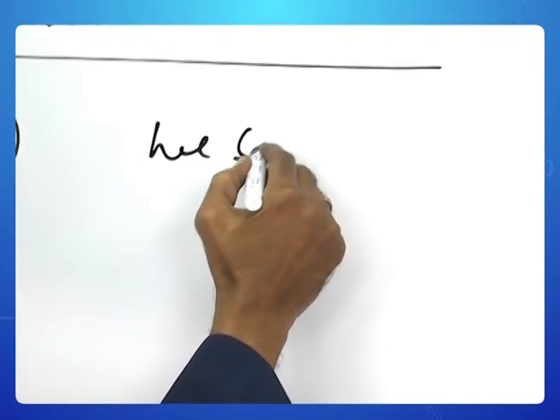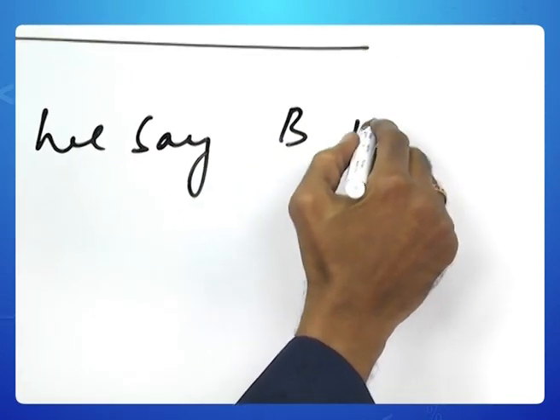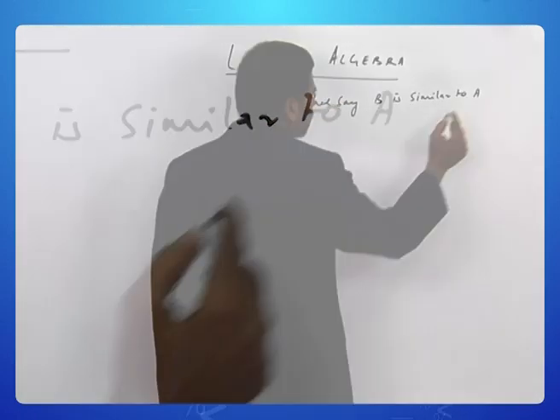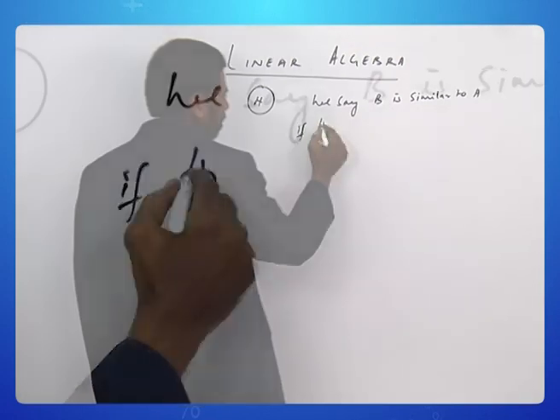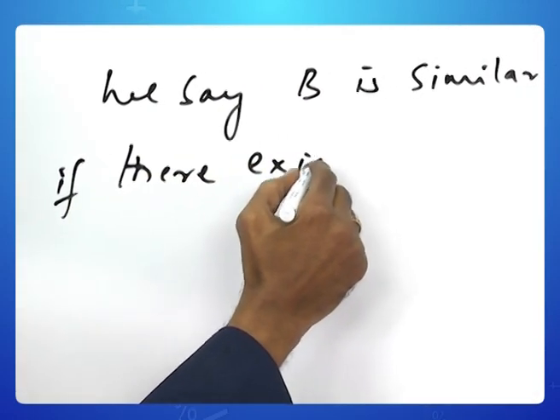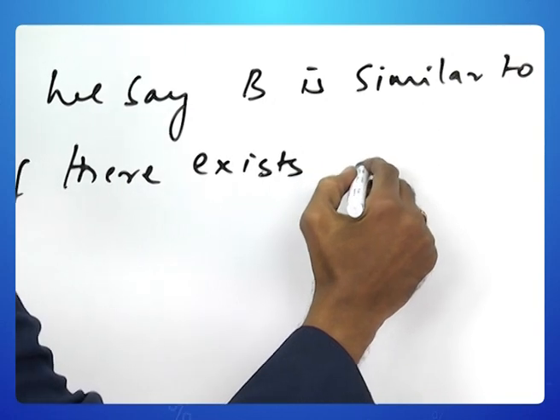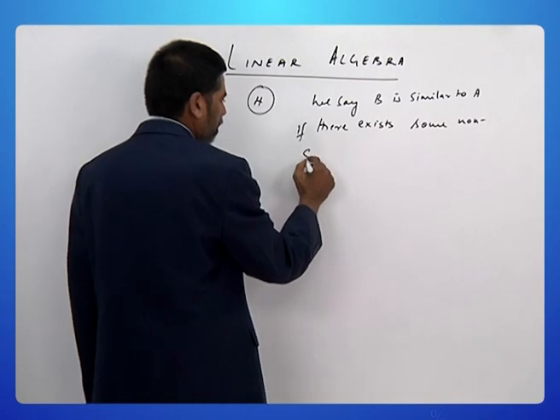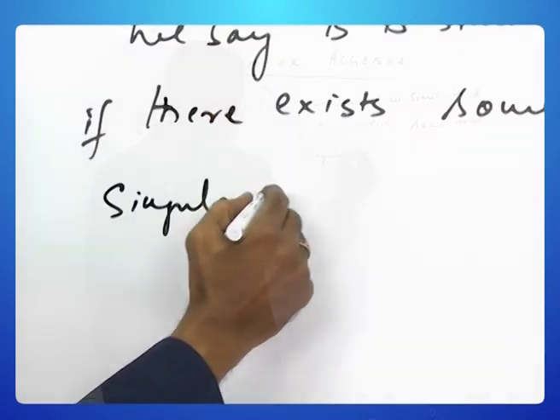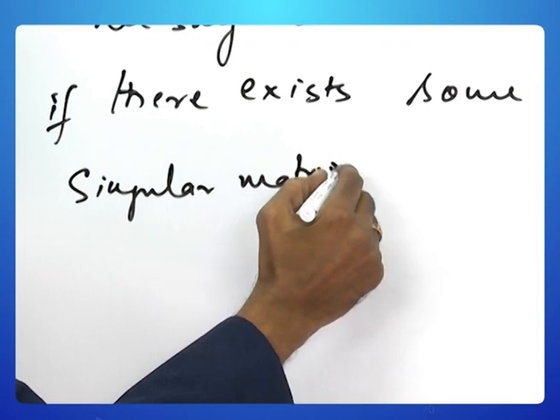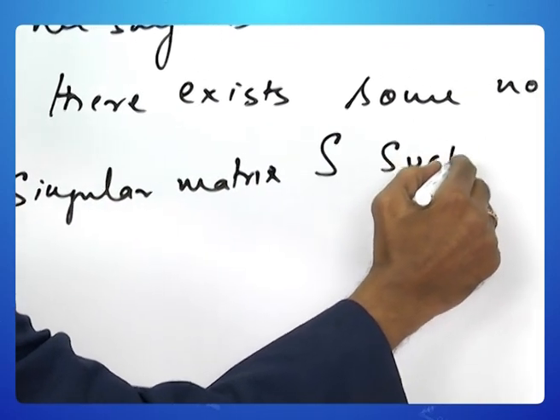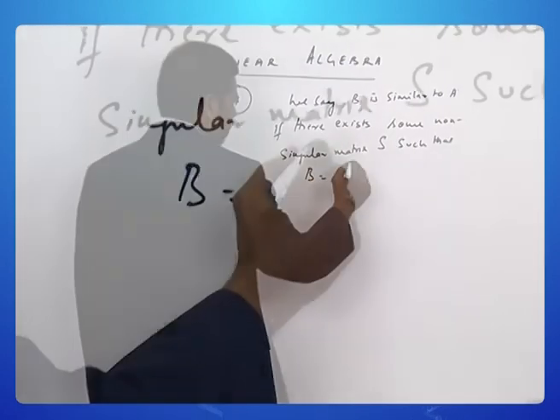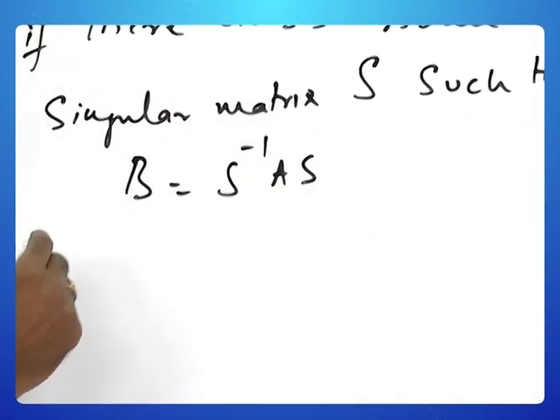We say B is similar to A if there exists some non-singular matrix S such that B is equal to S inverse A S.